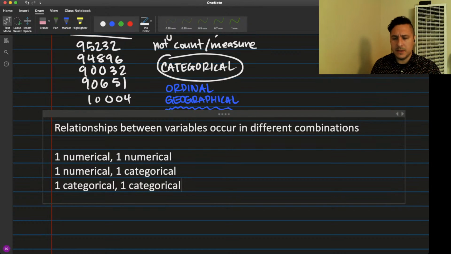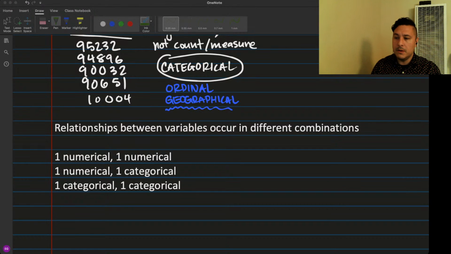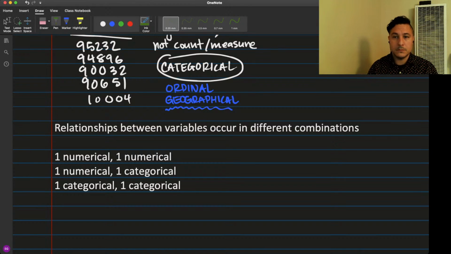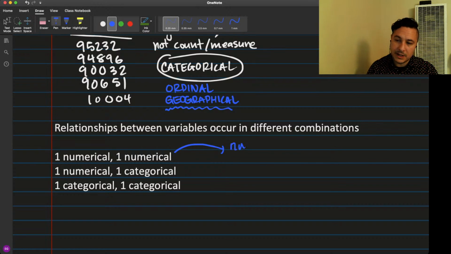Let's start with a refresh. When I talk about a numerical variable, what do I mean? What makes something a numerical variable? Yes, there are numbers, but that's not the whole of it. The values are numbers and they mean something.